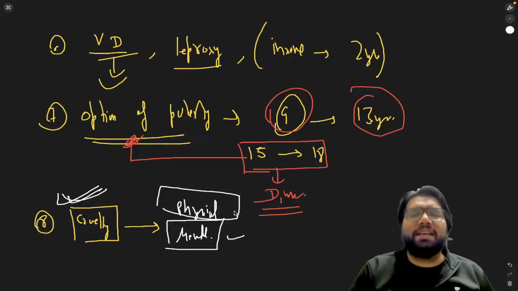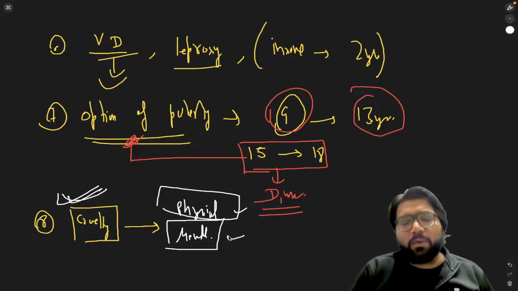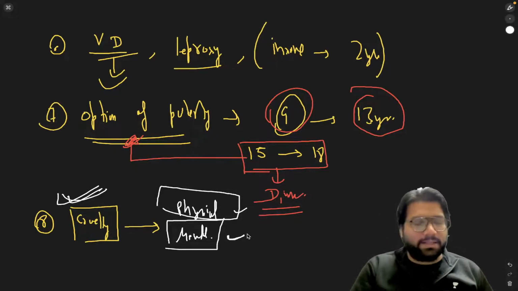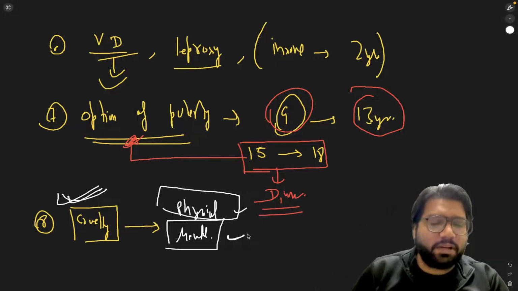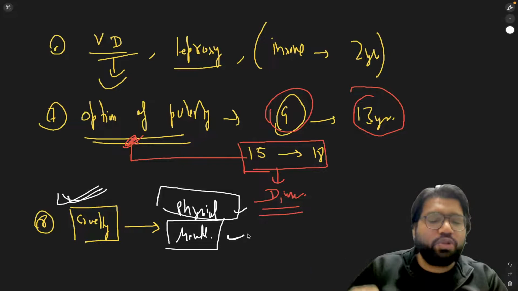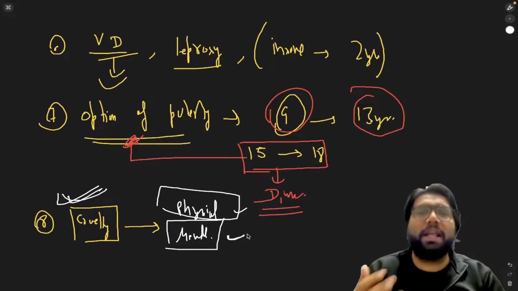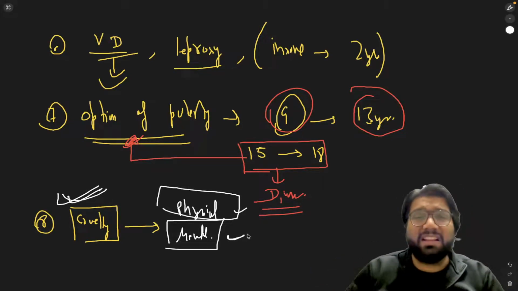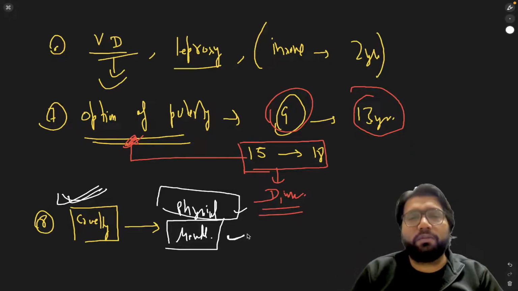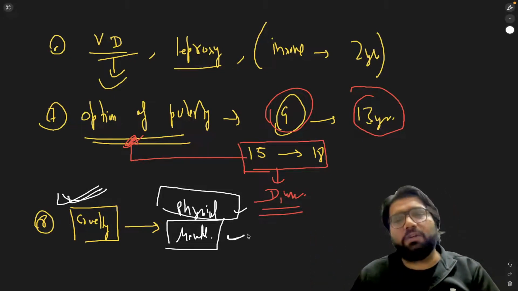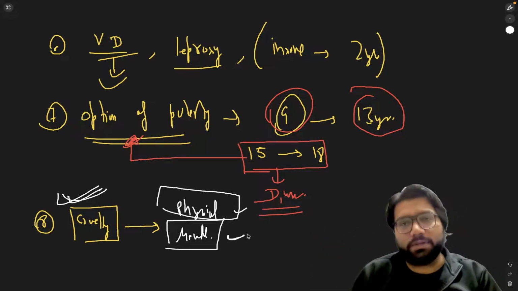Now, some examples of what can be physical and what can be mental cruelty, let's discuss one by one. The first one is that the husband treats her with cruelty, that is to say, habitually assaults. So assaulting habitually on a daily basis, saying I am going to kill you, I am going to beat you, these kinds of assaults also come under the concept of cruelty, and the wife has all the grounds to take divorce from that person.